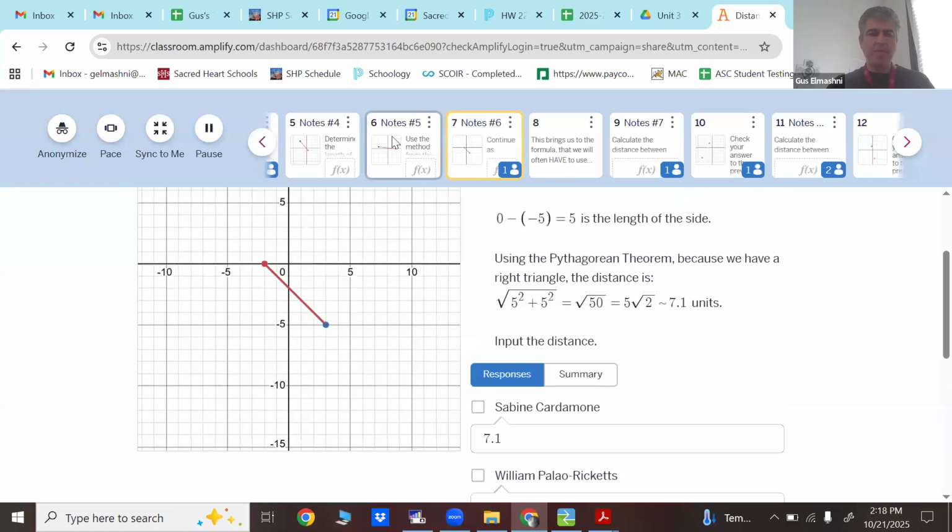So you go 5 down, 5 right. It should be root 50. Yeah, it should be 7.1. We should still get the same thing. So you have -2 comma 0, right? And you have 3 comma -5.